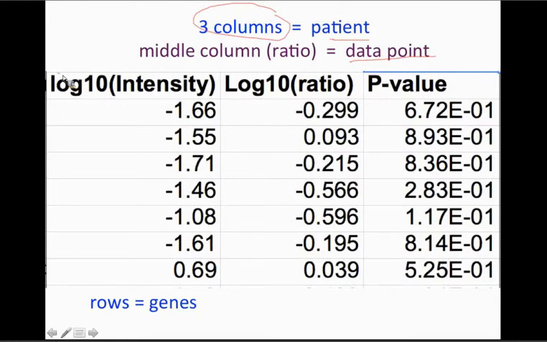So for each patient, the matrix you will see is basically a whole bunch of columns, and every 3 columns go to a different patient. The first column is the log 10 intensity, the second is the log 10 ratio, and the third column is the p-value. Let's first talk about the log 10 ratio.